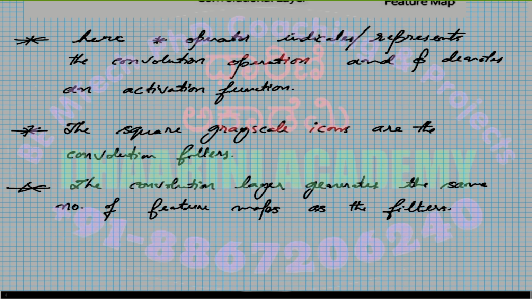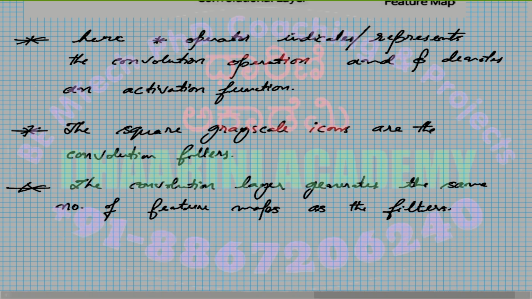In the previous image you can see that we used 4 convolutional filters, so you got 4 feature maps. Okay, moving further. Now let us try to explore some of the details of the convolutional filter.